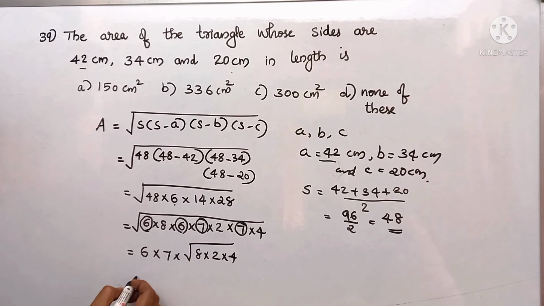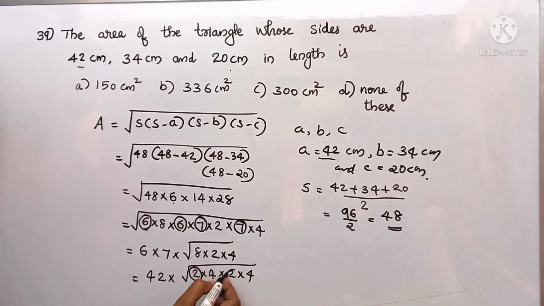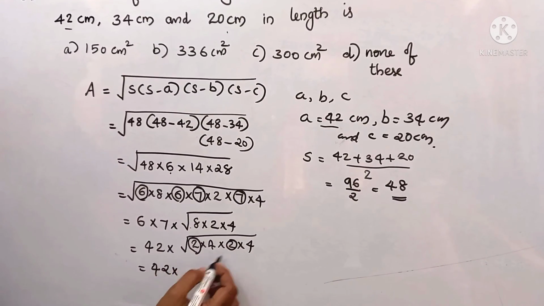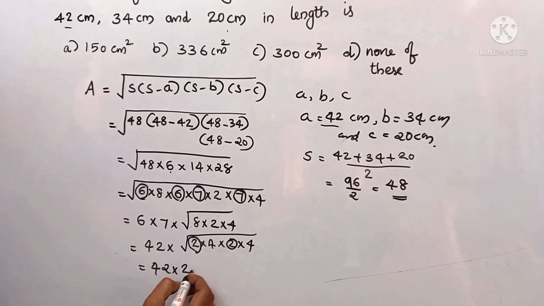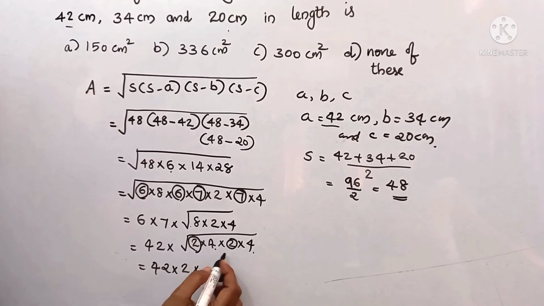See here, this we can write as 42 into. Again we can factorize this 8 as 2 into 4, into 2 into 4. Then we can see two 2's are here. So that is equal to 42 into 2 squared. Square root of 2 squared is 2. Then here 4 into 4, 16.